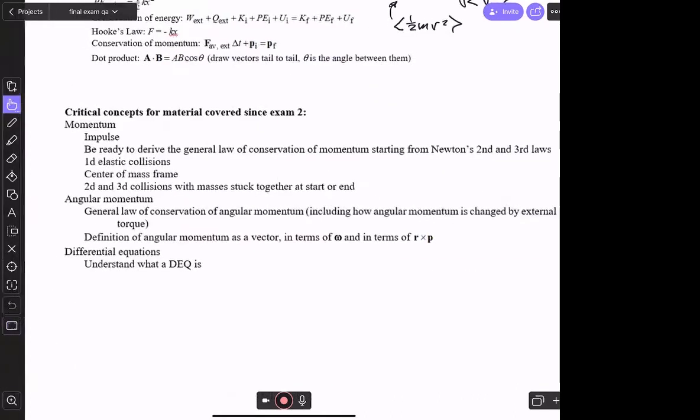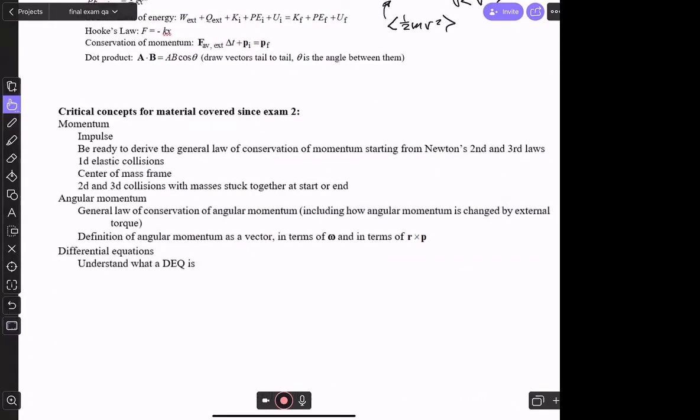So remember that this is a truly cumulative exam, and there definitely are questions on it from the material for our exams 1 and 2. But since exam 2, we've talked about momentum, the idea of impulse.